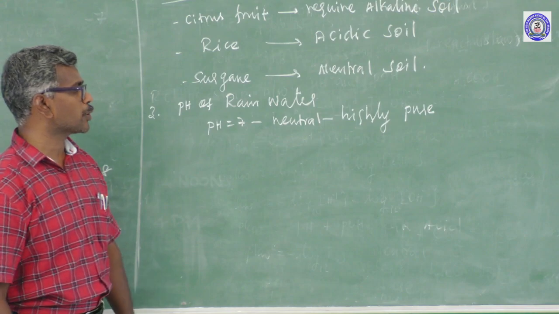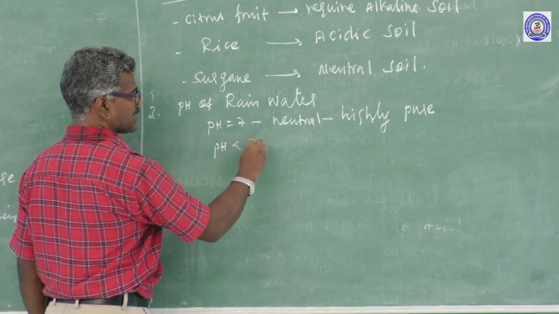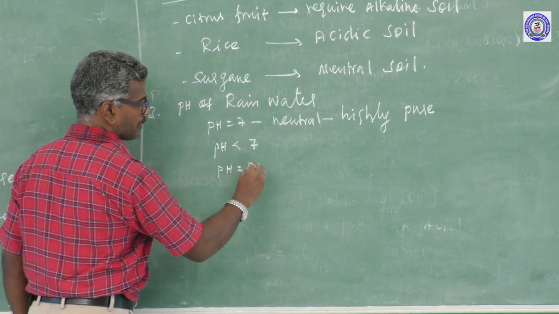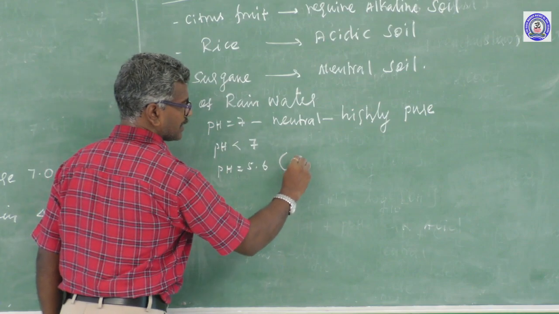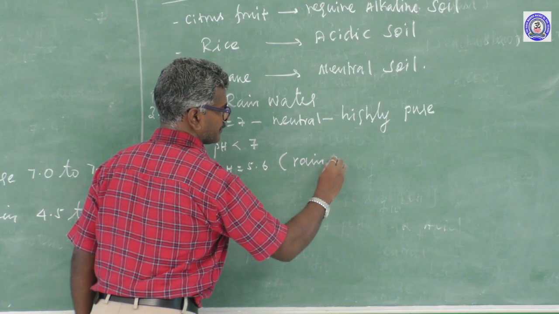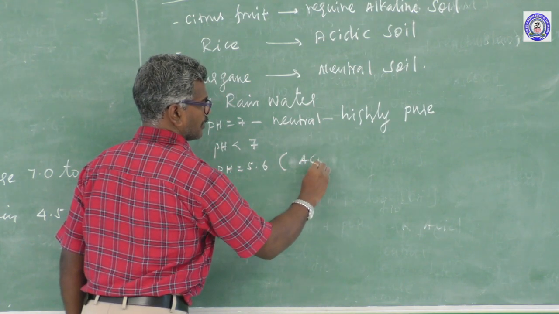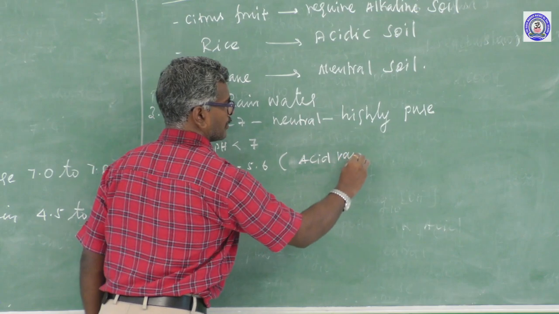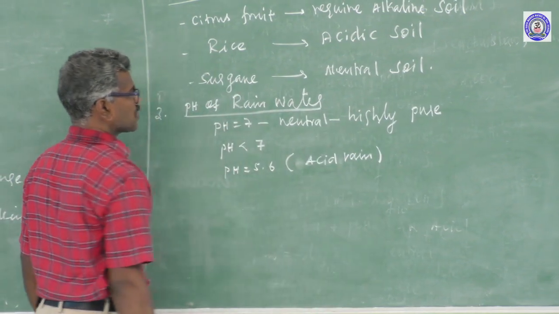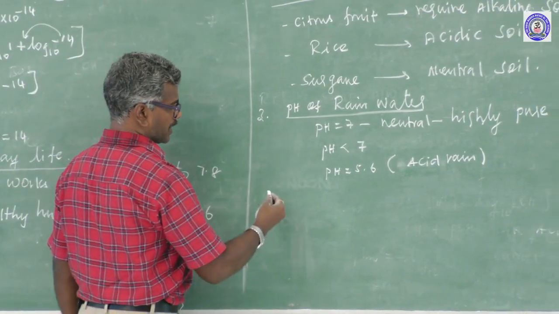These react to produce acid rain, so the pH value is less than 7. A pH value of 5.6 means acid rain. This is known as pH of rainwater.